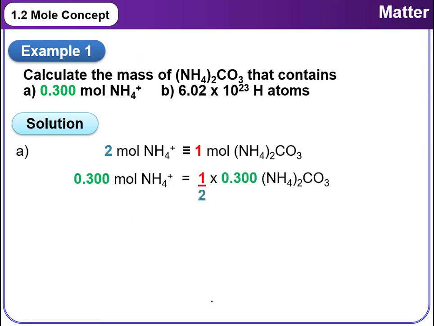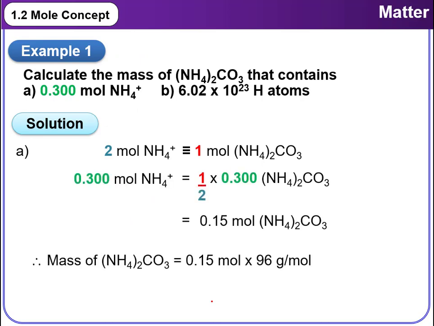Let's have example 1. You have to calculate the mass of ammonium carbonate that contains this mole and this hydrogen atoms. 2 mole of ammonium is equivalent to 1 mole of ammonium carbonate. Why? Because we have ammonium ion, which is NH4 plus, with carbonate ion, which is CO3 2 minus.